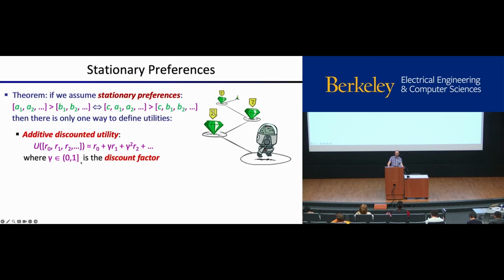That's called the discount factor. So if your preferences obey this property, then the utility function, which you'd want to maximize the expectation of, must obey this property. If you have infinite sequences, then putting gamma to 1 could run you into some trouble because the sums might not converge. But if you have finite sequences, then 1 is okay.